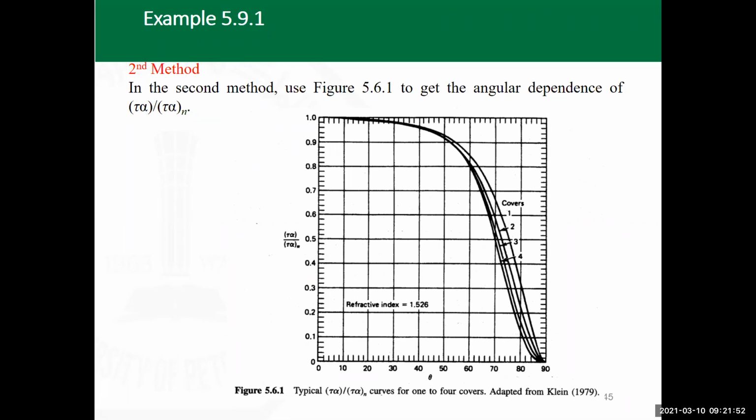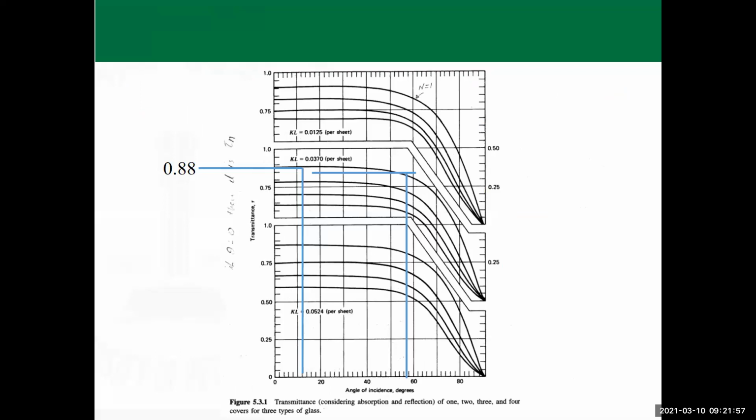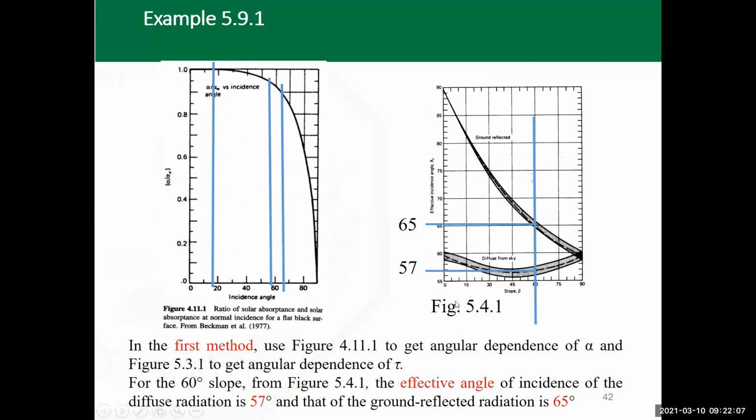It only depends on the number of covers and the angle theta. And then when we go to this figure, we did not need this because we are not going to do the individual calculations of alpha and tau and combine them. For this one, it is talking about the slope, and it is providing us with the effective angle for the diffuse component and the ground reflected component.